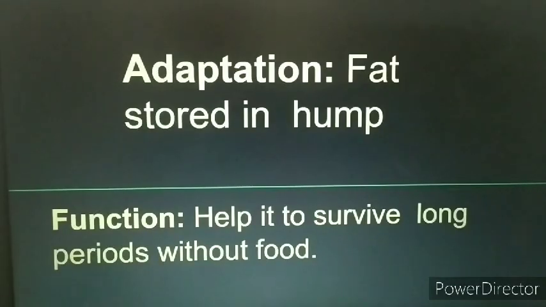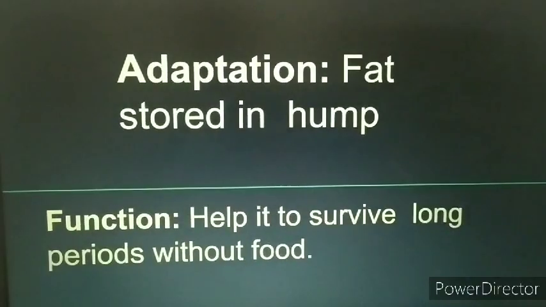It helps the camel survive for longer periods without food. The food is stored in the form of fat in the hump, and that food gives the camel energy to travel long distances for longer periods of time. It can stay without food.